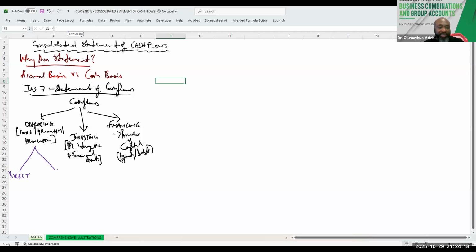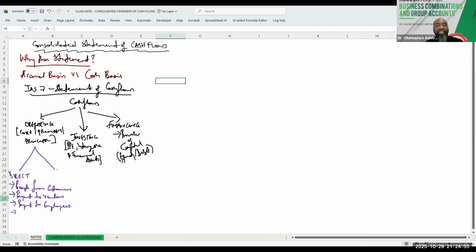And in this instance, we'll be looking at things like receipt of cash from customers, payments to vendors or suppliers, and payments to employees, which is payment of salaries.